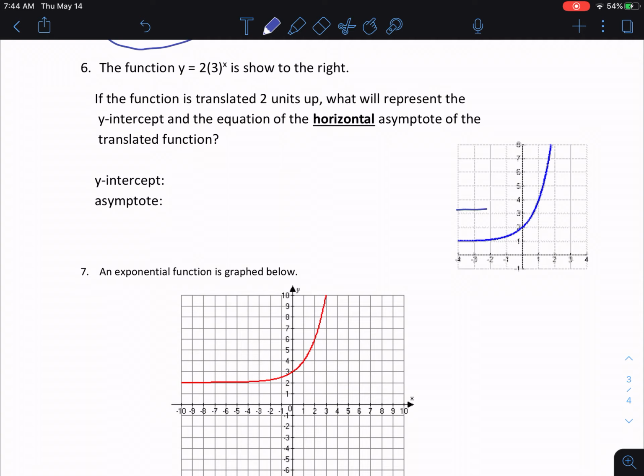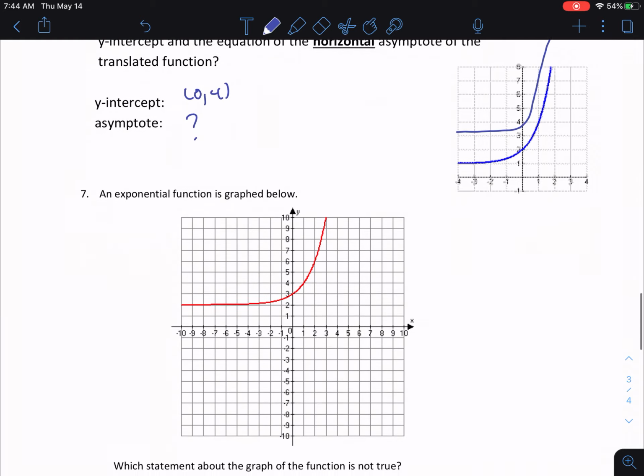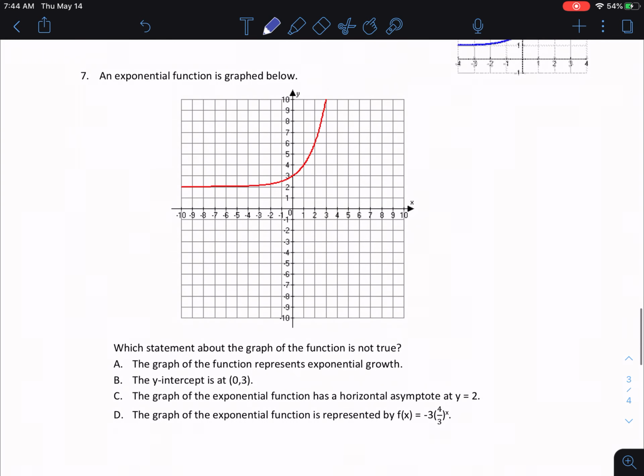It's going to look like something like this. So the y-intercept is 0, 4, and this asymptote, hold on, I gotta ask Miss Bratton about that one.